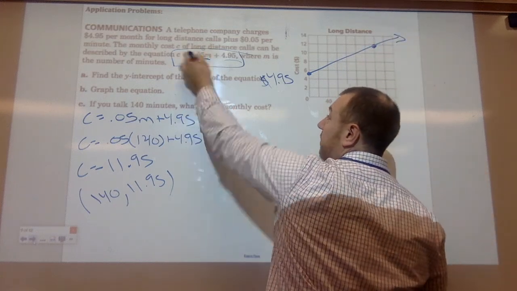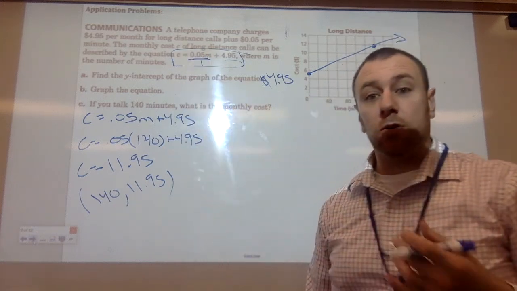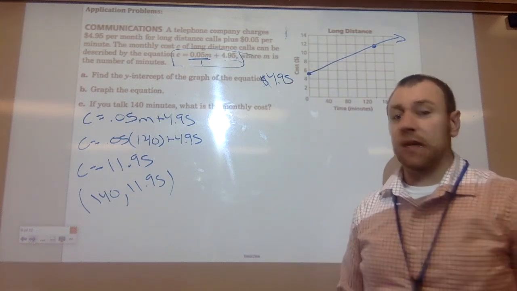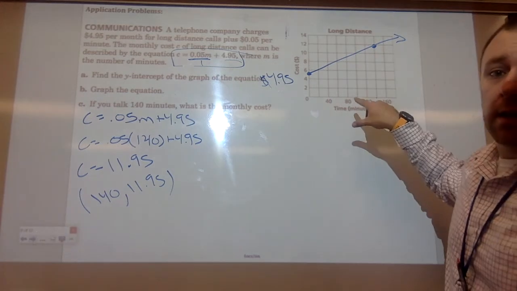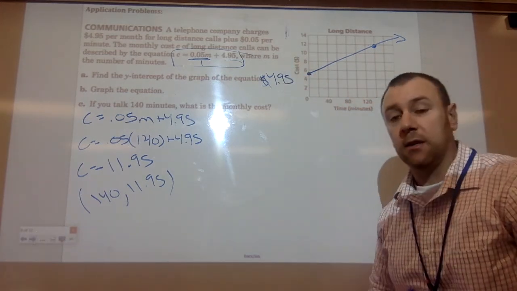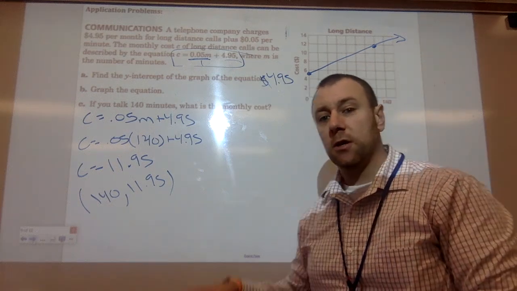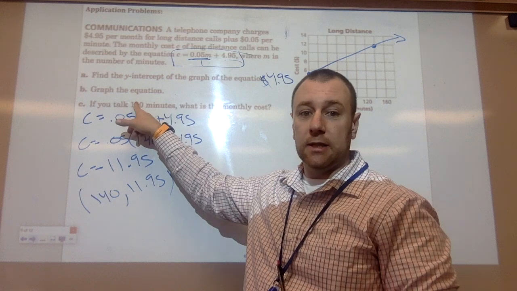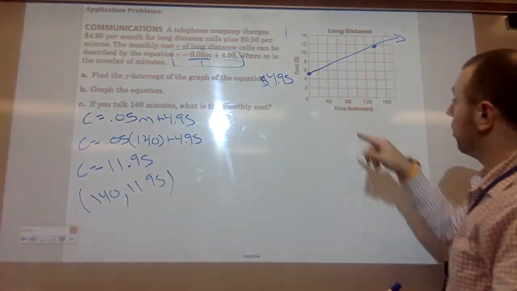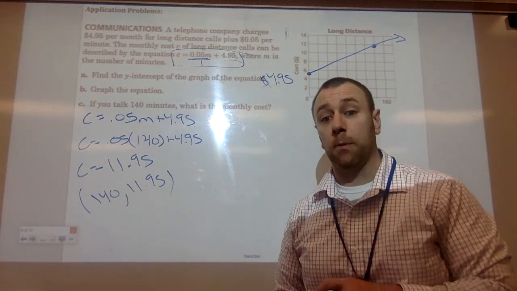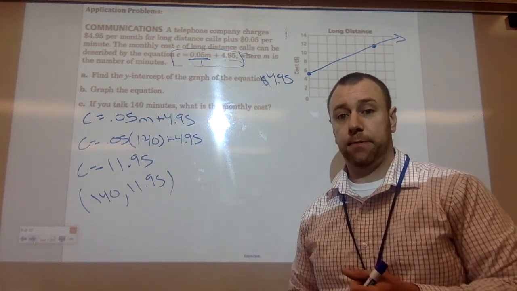The 0.05 over 1, if you're trying to graph it using rise over run, is not going to work in this case, because the minutes are going up by a different value than the costs are going up by. So my suggestion on these types of problems is to find a point that's nice and easy, like 140, or in this case you can also choose 100, plug it in, find a second point, and plot it and connect it.